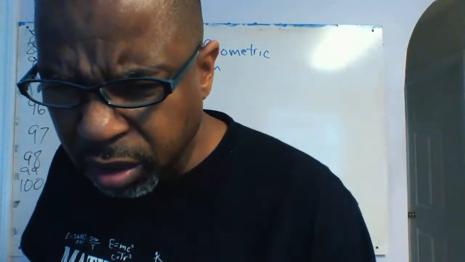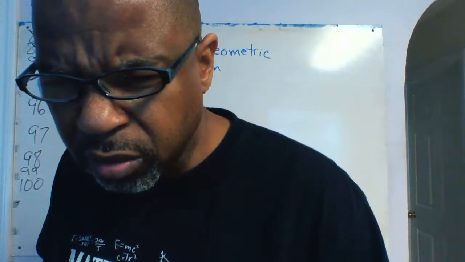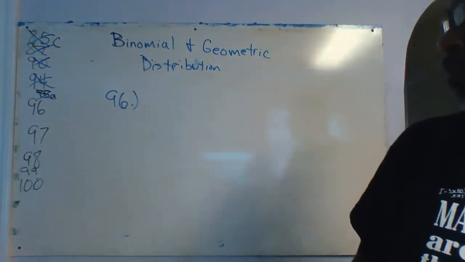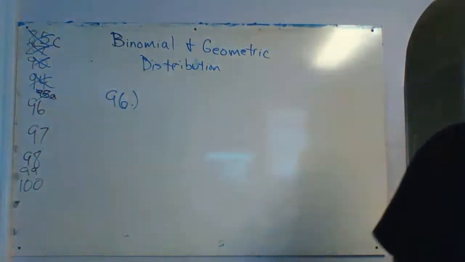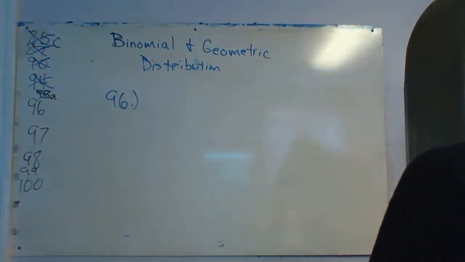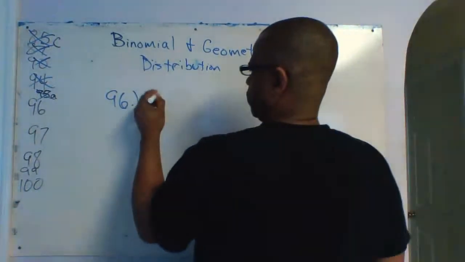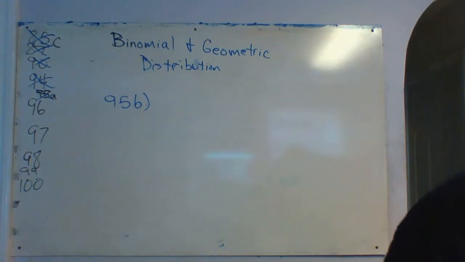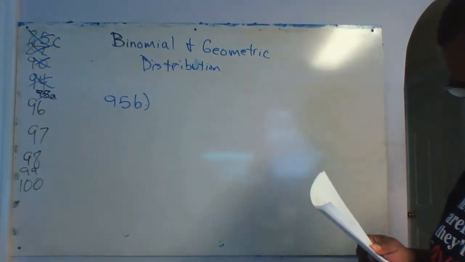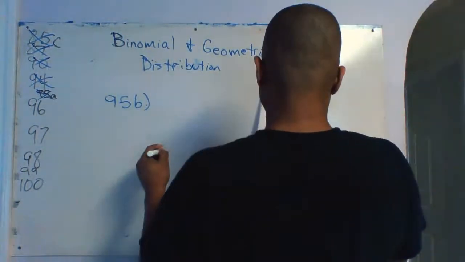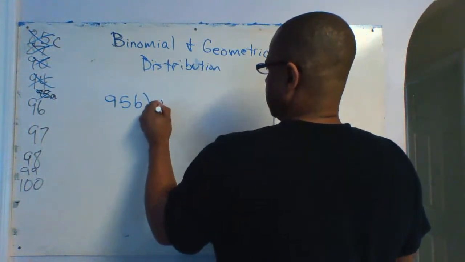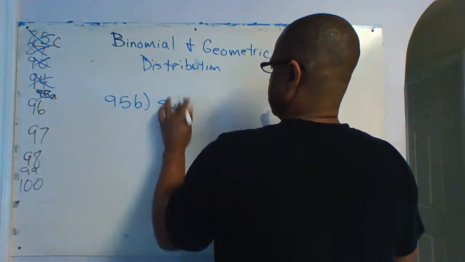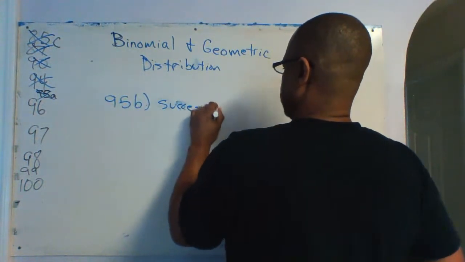So for 96, if you look at the B part of 95, you have your success or failure.